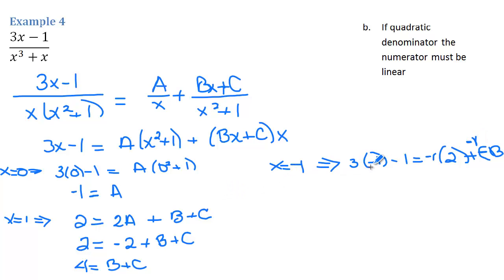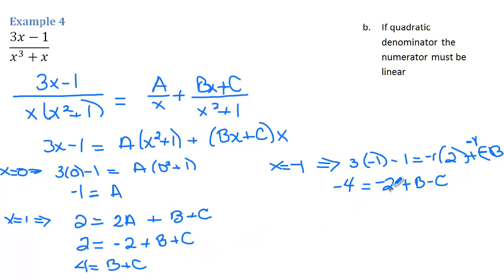So 3 times negative 1 is a negative 3, minus 1 is a negative 4. Negative 1 times 2. And we'll have a negative 1 times a negative b plus c. So plus b minus c.